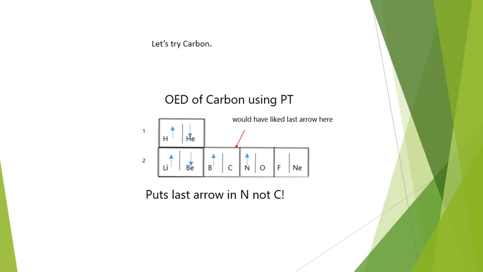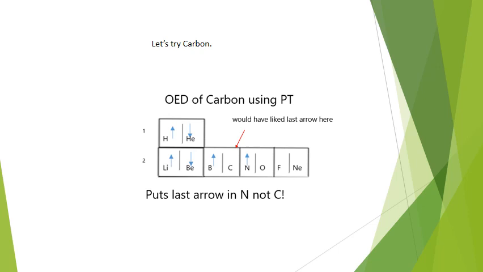This is the upside down OED using the periodic table. So it goes up, down. So these are s, up, down. And then when we did carbon, this is the orbital, this is the orbital, and this is the orbital. Go up, up. And notice it doesn't fall where it's supposed to. It falls on nitrogen.